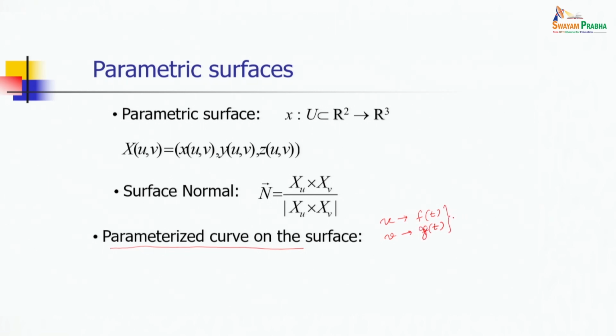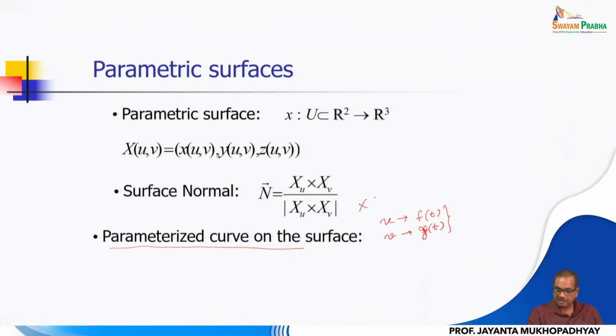So overall I can write all the points which are lying on this curve, I can express them in terms of x(t), or I can write f(t), g(t). This is the point (u, v) equal to x(f(t), g(t)) and henceforth.